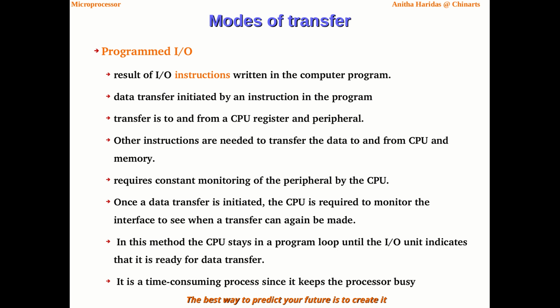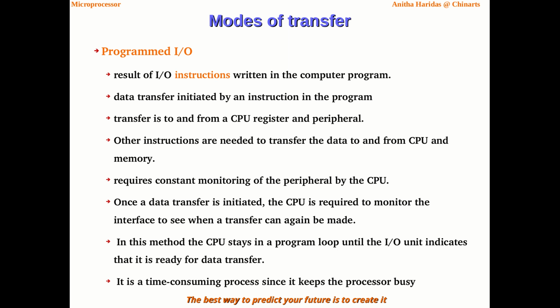You might have written some assembly programs for 8085 or 8086. In your assembly program, if you have an input instruction or an output instruction, during the execution of this instruction, the mode of programmed input output data transfer will be initiated.